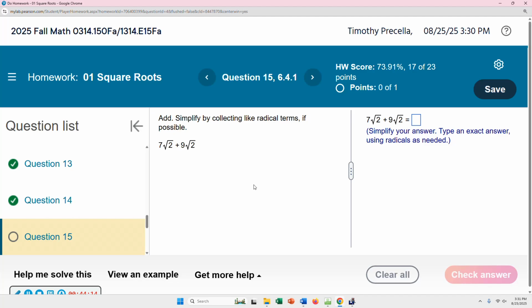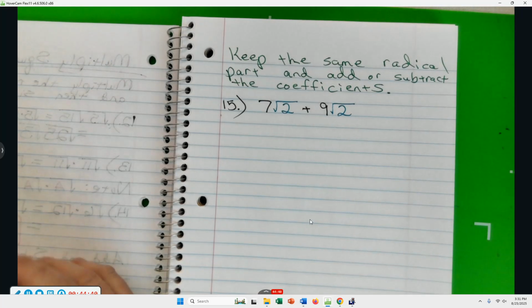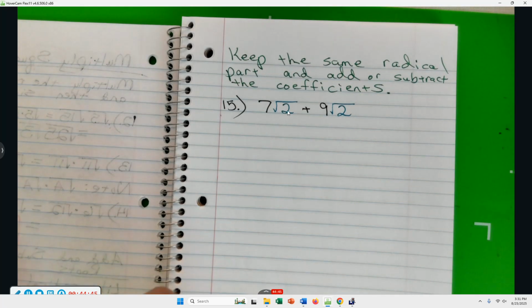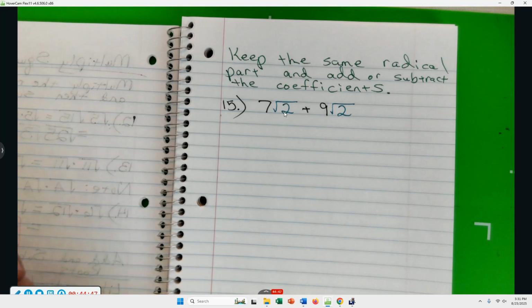Let's look at number 15. We have 7 square roots of 2 plus, so we're adding, 9 square roots of 2. Adding and subtracting radical terms is like adding and subtracting variable expressions, combining like terms.